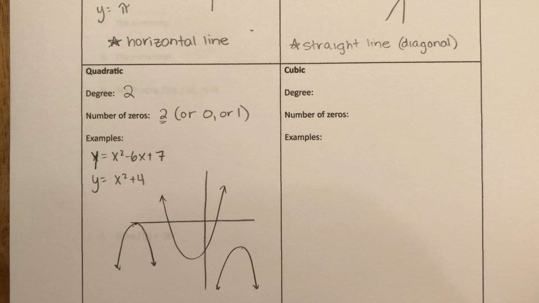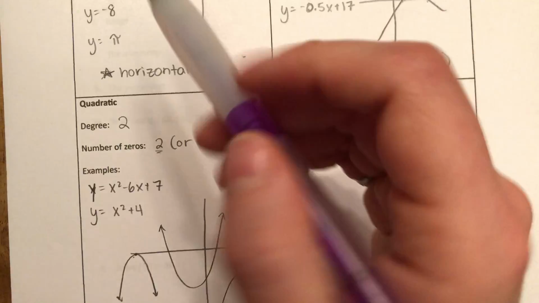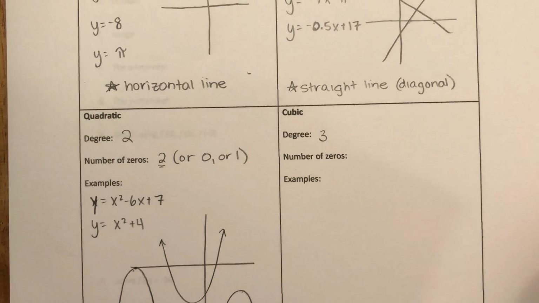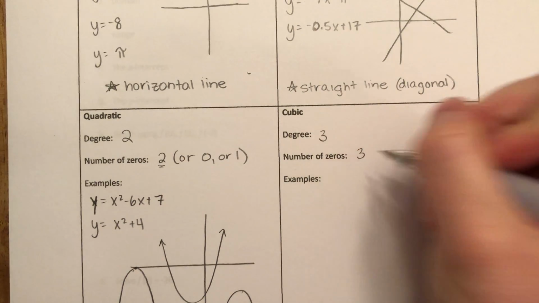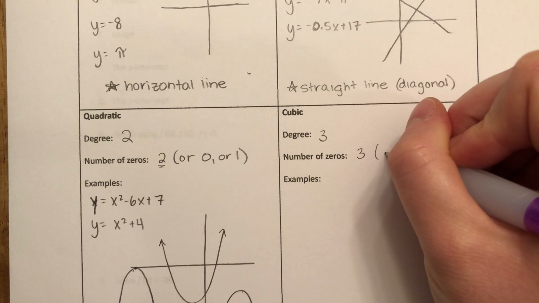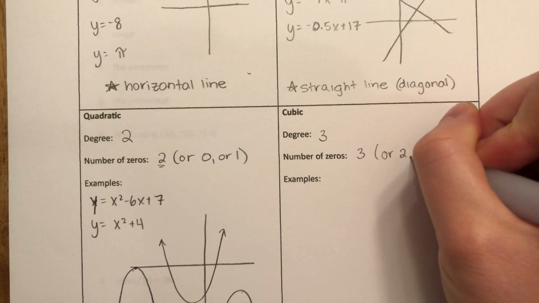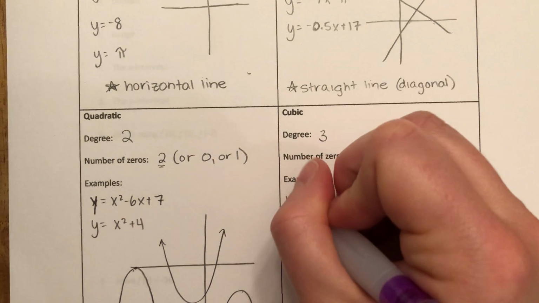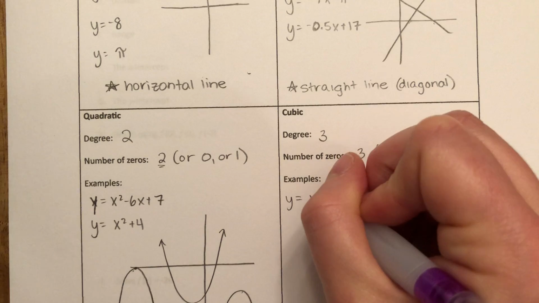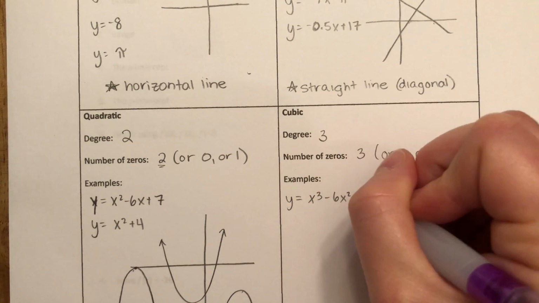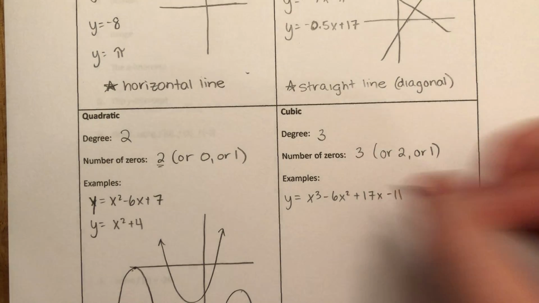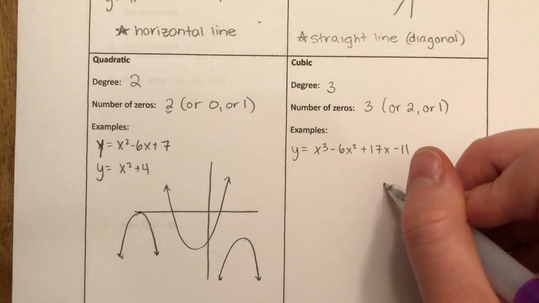Okay. Cubic function, so we went degree 0, 1, 2, cubic is 3, something cubed. The number of zeros is generally going to be 3, but could be 2 or 1, and again, that's kind of an exception. So examples would be like y equals x cubed minus 6x squared plus 17x minus 11. I'm just making up numbers. That's a cubic function, okay?